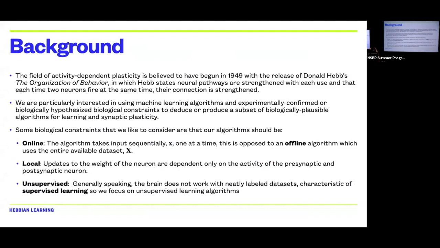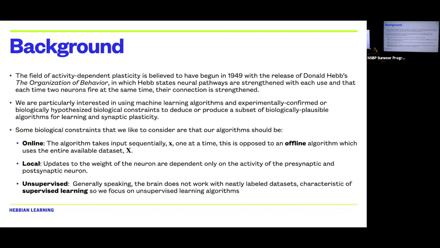And so using this principle, we'd like to take existing machine learning algorithms and apply some biological constraints to them to elucidate possible mechanisms of neural computation in the brain.